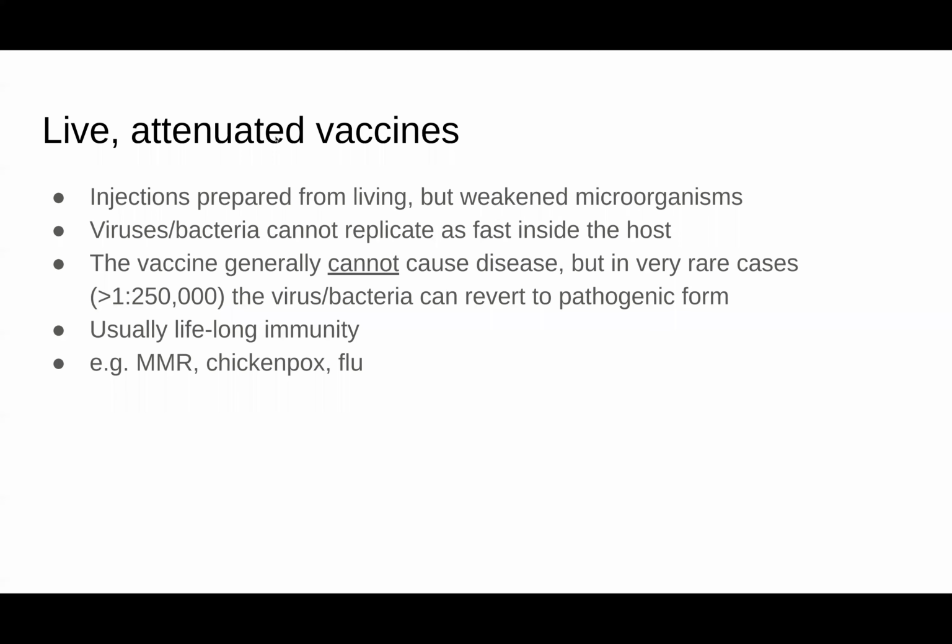And again, it's because you're being exposed to a live virus. It's attenuated, so it is extremely weakened. It cannot cause disease inside you. It cannot kill you, can't really hurt you. It's weakened. So picture a professional basketball player who's going to play against a fifth grade class.